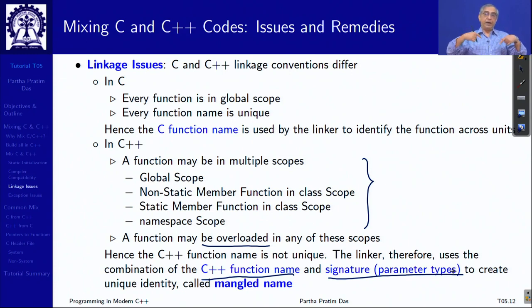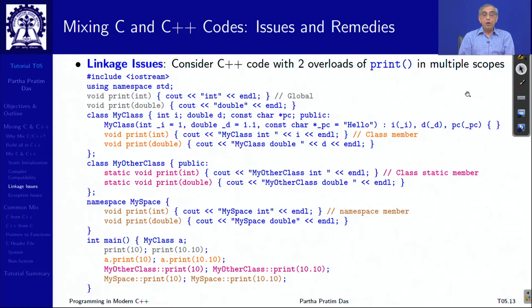So, what the C++ compiler does, in contrast to the C compiler, is take all this information and mangle it, kind of encode it into a new name called the mangled name of the function, whereas C does not have that kind of feature. Just to show you what kind of mangling you get, here I show that there are overloaded functions in the global scope, overloaded functions as class members which are non-static, overloaded functions as class members which are static, and namespace overloads.